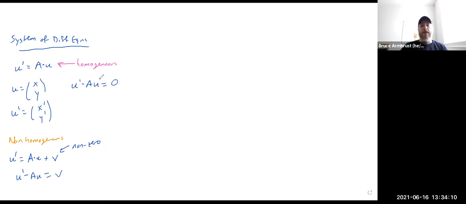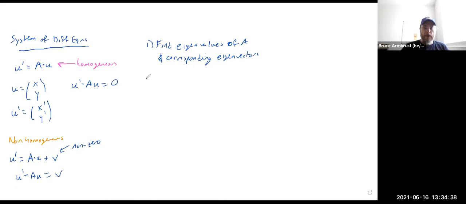So we've been solving the homogeneous, and we saw that the trick here was to find the eigenvalues of A and the corresponding eigenvectors.